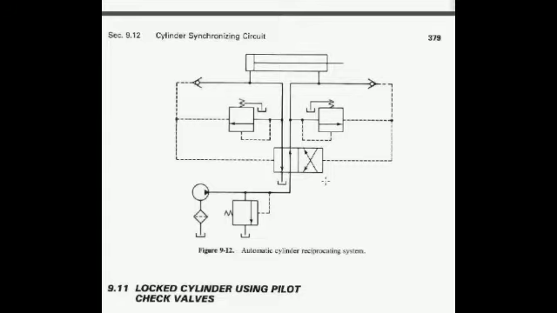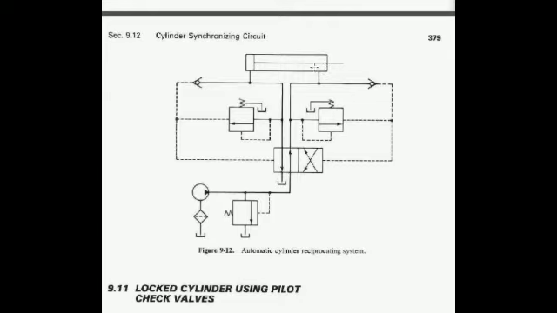The fluid flow will be connected to this port and will flow in this direction, but it will be restricted here because of the higher resistance. The same fluid can flow in this manner, but there is an obstruction. As we know, this is a check valve, so the fluid will flow in this direction to the blind end of the cylinder, so that I will get the extension of the cylinder.